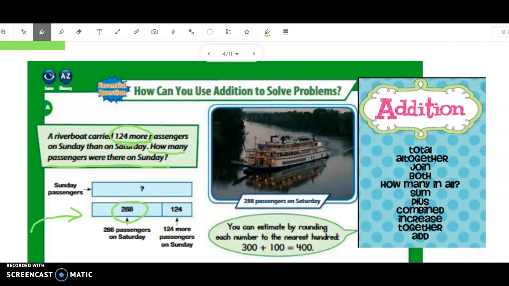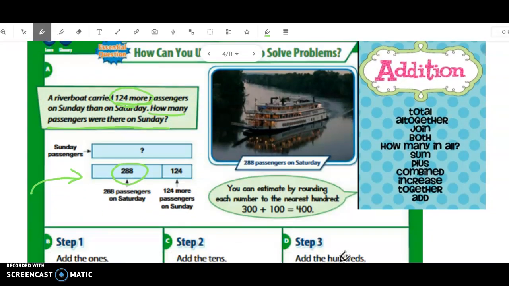Now remember, we can use estimating and rounding to help us make a guess of what the answer would be. When we round, we'll be rounding to the nearest 100.